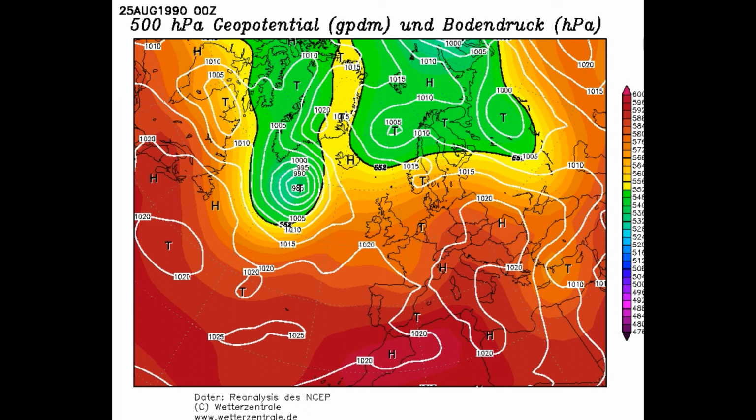So we do get one very good thundery spell in this month as well, so again really a classic summer month despite that unsettled period in the middle of the month.